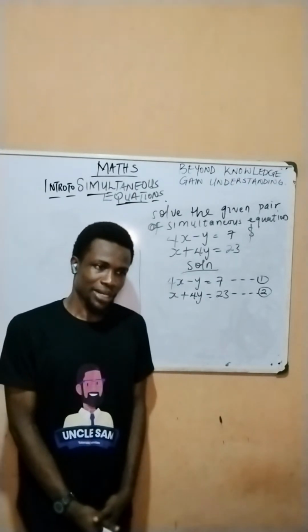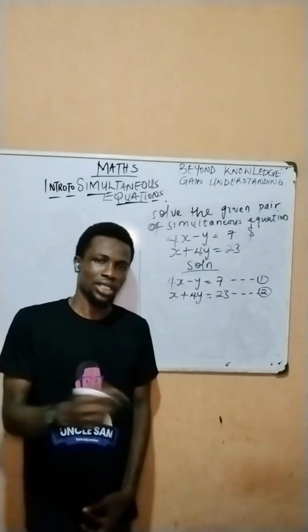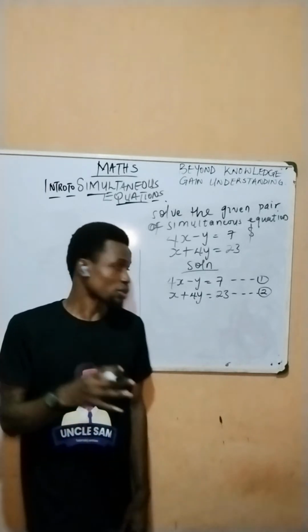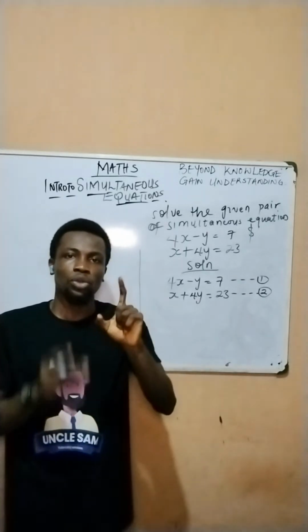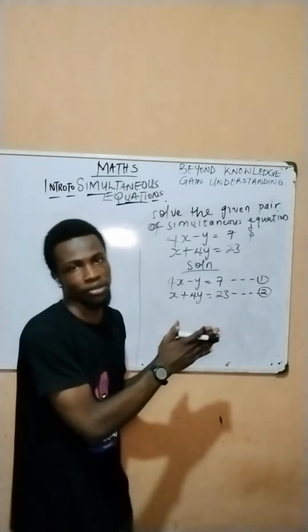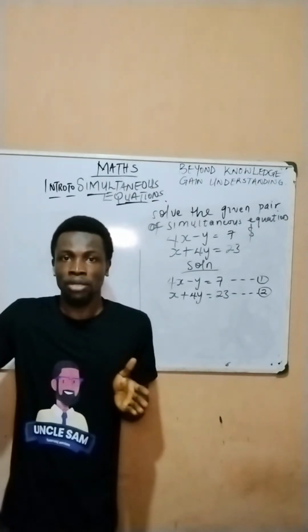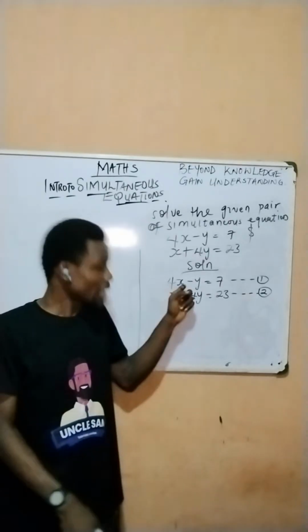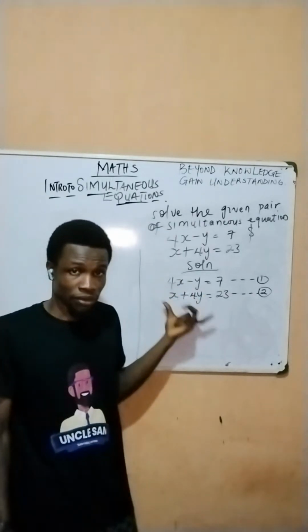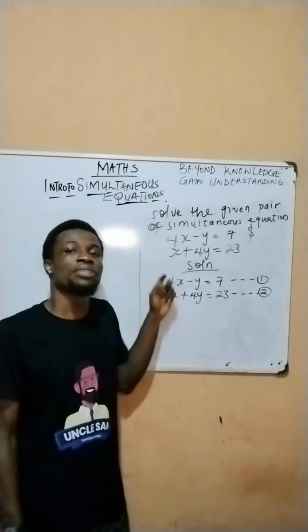Well, remember that the basic idea of using the elimination method to solve a given simultaneous equation is that the variable you want to eliminate is more like removing one variable so that you can easily solve for the other. But the criteria for you to be able to do that is that for the variable you want to eliminate, both their coefficients must be the same.